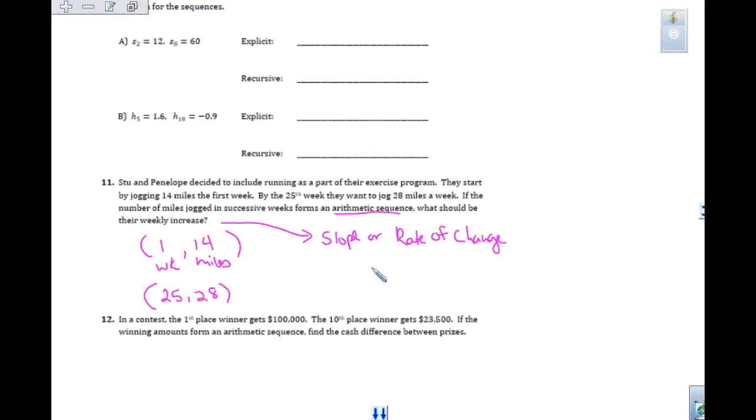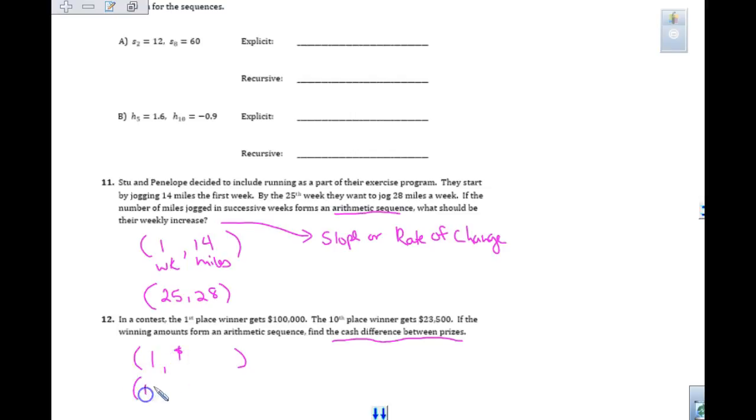And when you do that last one, they say, find the cash difference between the prices. Again, as we look at that one, you might want to think of these as ordered pairs too. First place winner gets the 100,000.